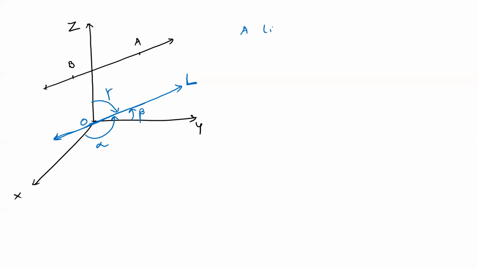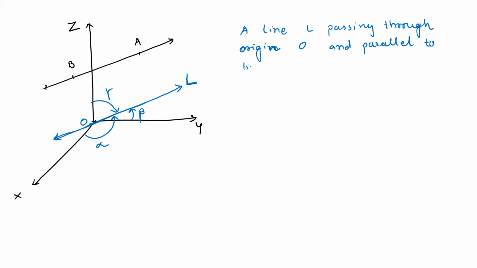So a line L passing through the origin O and parallel to line AB in space. In space means in X, Y, Z, three-dimensional only.